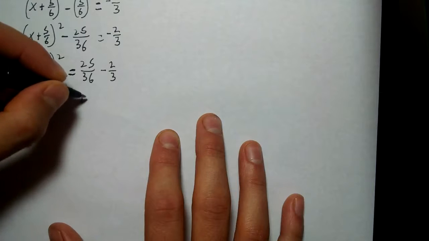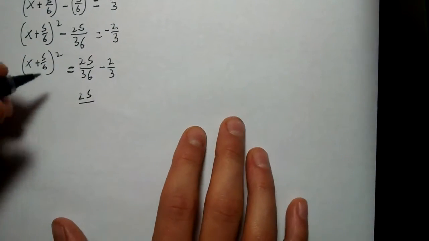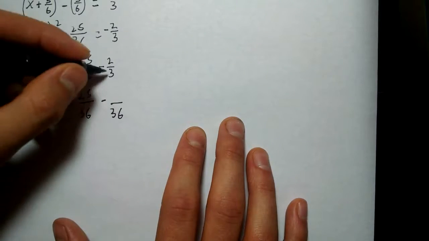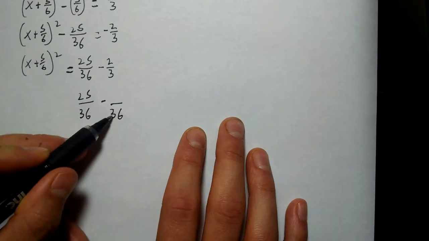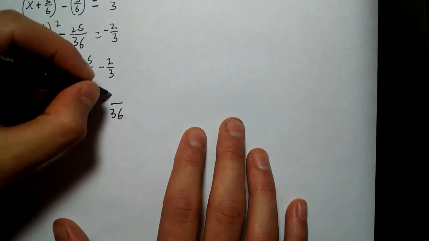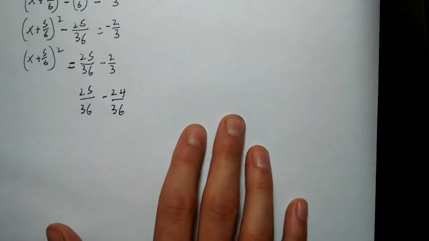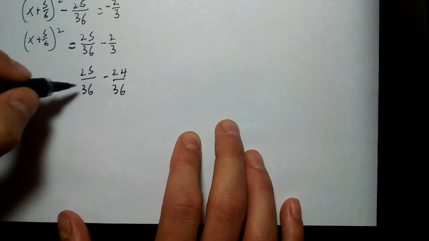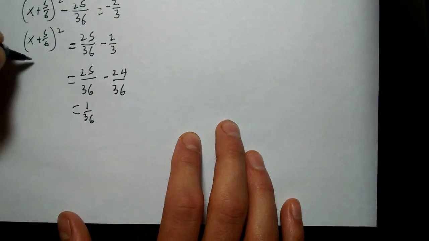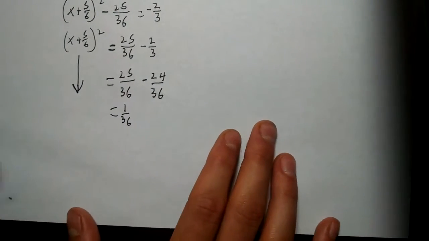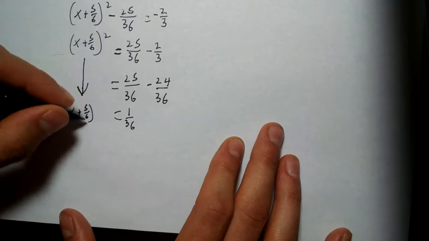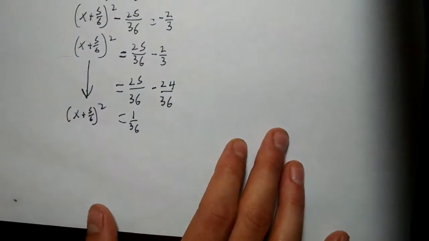So just rewriting the right side, 25 over 36 minus something over 36, and 3 times 12 gives us 36, so 2 times 12 gives us 24. Okay, so this gives us 1 over 36. x plus 5/6 squared is equal to 1 over 36.